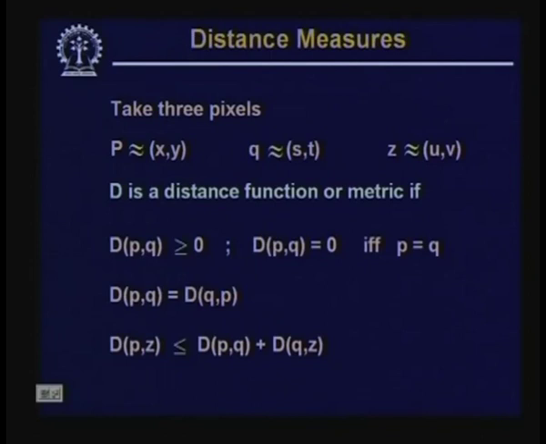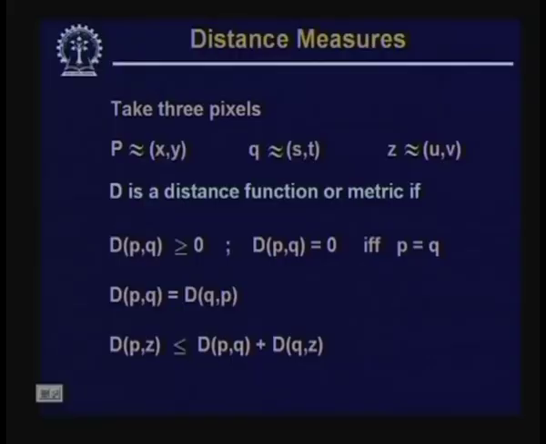Then D is a valid distance measure or valid distance metric if dpq is greater than or equal to 0 for any 2 points p and q, and dpq will be 0 only if p is equal to q. That is quite obvious, because the distance of the point from the point itself has to be equal to 0.